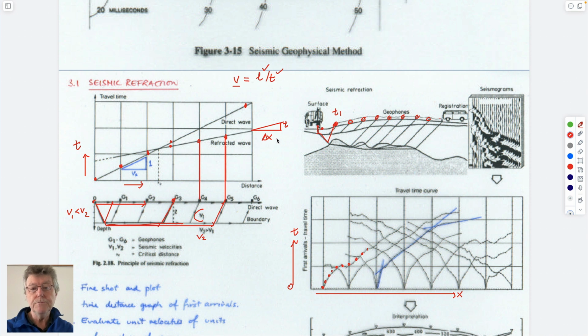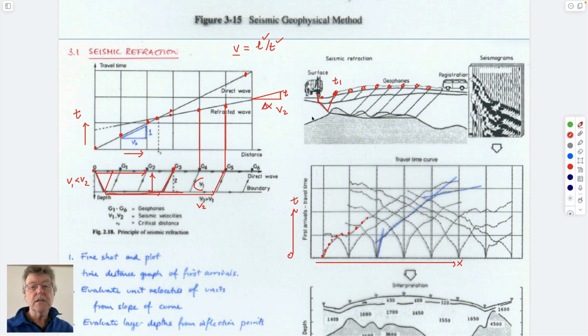This would be V2. And so if you have these data, the slope of this will give you the velocity in this uppermost layer. The slope of this will give you the velocity in the layer below that. And the inflection point where it changes from one to the other gives you the depth of this layer. I won't go into how to do that, but you can get those three pieces of information from it.